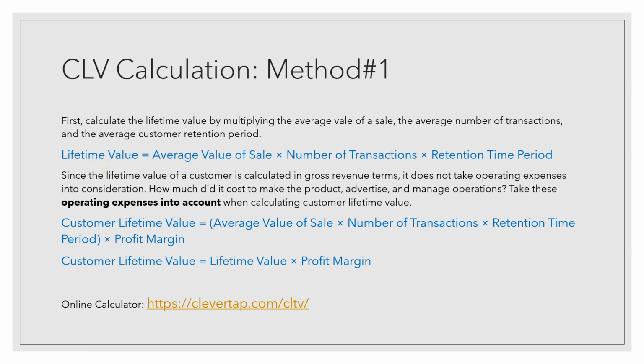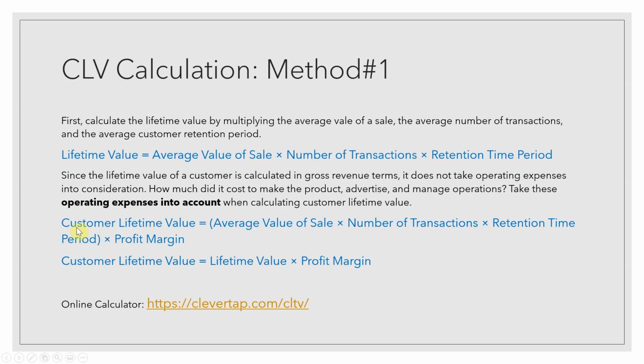And also CLV or CLTV, customer lifetime value, can be calculated by taking operation expenses into account, right? So lifetime value, LTV, is calculated in gross revenue terms, but we want to consider operation expenses too.